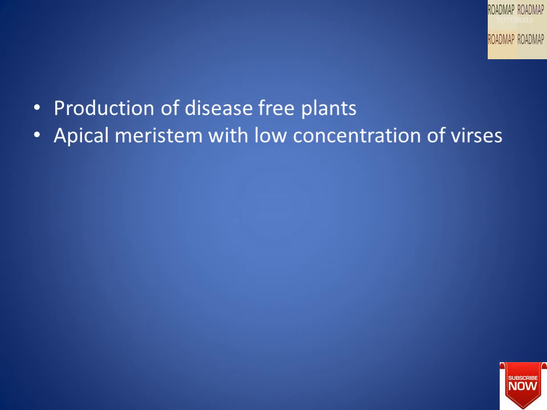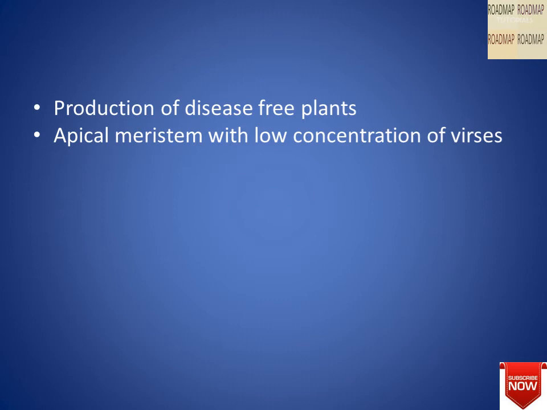Apical meristem with low concentration of viruses. Now, the apical meristem of pathogen-infected and disease-harboring plants is either free or carries a low concentration of viruses. That is because of a few reasons. The first one is the absence of vascular tissue in the meristem, through which viruses readily move in the plant body.